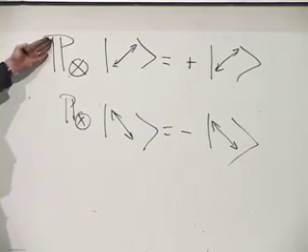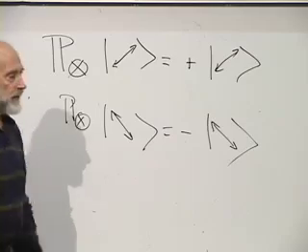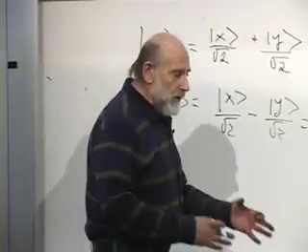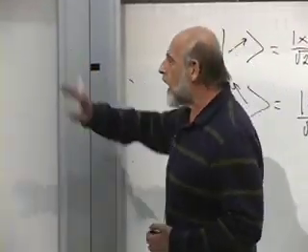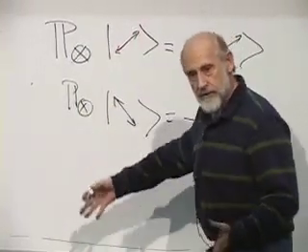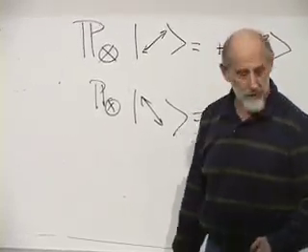This would define an observable that's associated with polarization in the 45-degree direction. In other words, it would be the polarization observable for a polarizer oriented in this direction. Can we find such an operator? Sure. The easiest way is to do it using matrices.